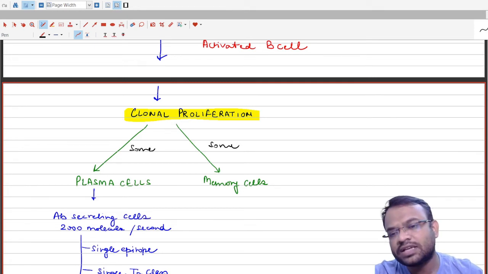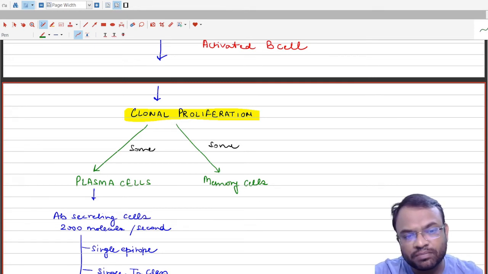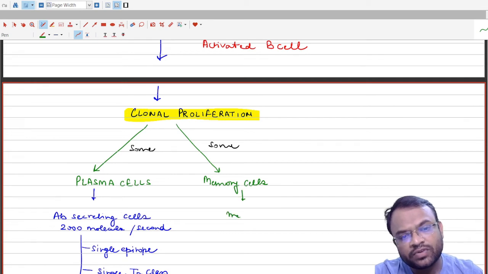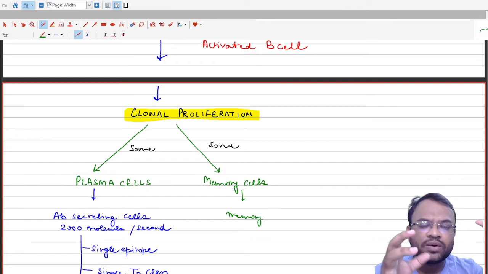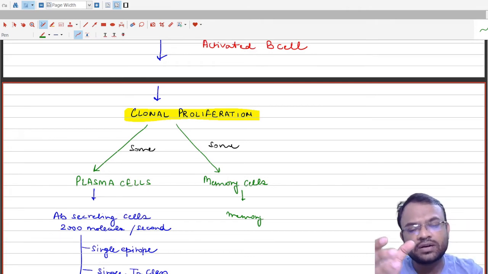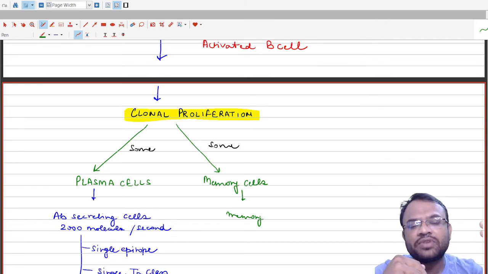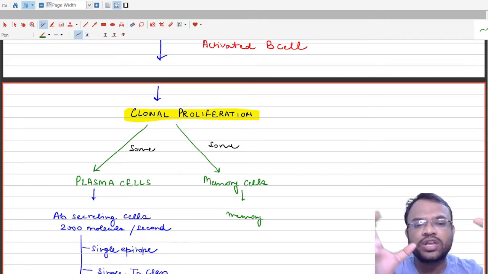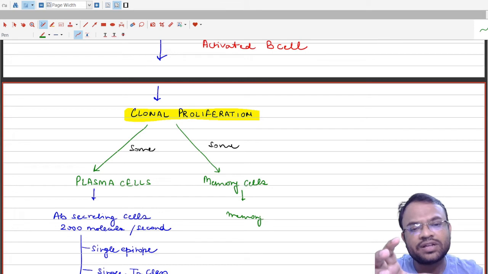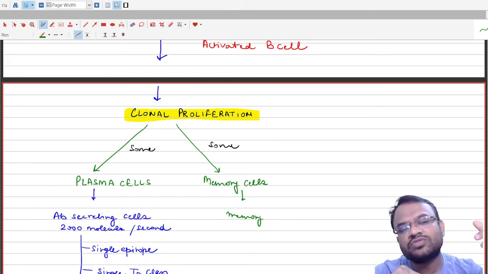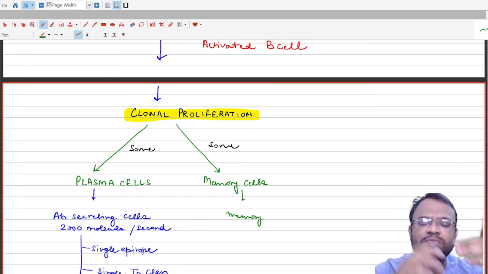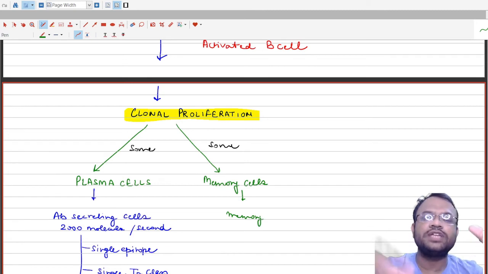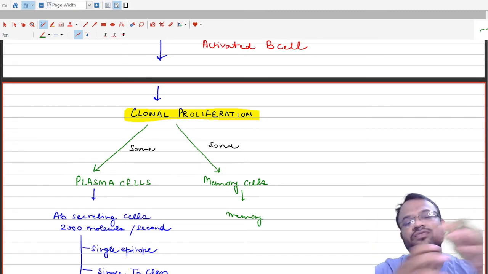Memory cells, as the name suggests, will form the memory. What does memory mean? Memory means that when there is a subsequent infection with that particular antigen, the time required for the body to recoup and counter that antigen would be less because of those memory cells. In those memory cells, the information would be saved about how we tackled this kind of infection.